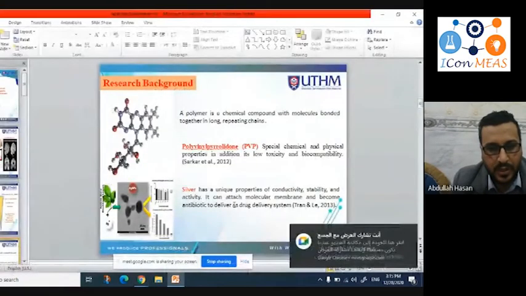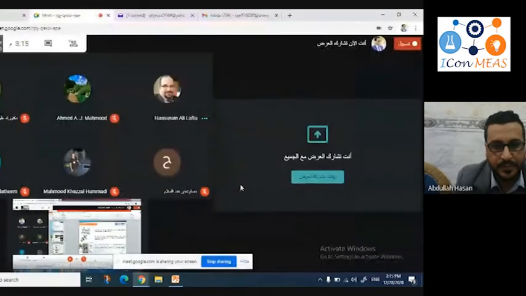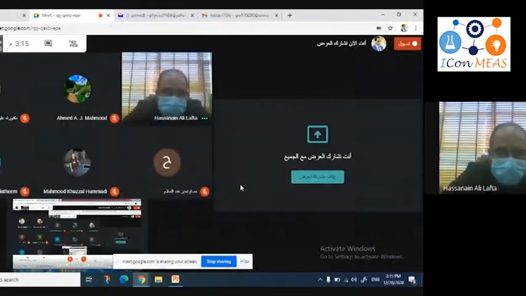I use this extract because it is common and easy to prepare silver nanoparticles from green sources, and they also have properties such as stability and activities. Silver has unique properties. Yeah, but this is with gold. Anyway, there could be a balance between such types of properties.